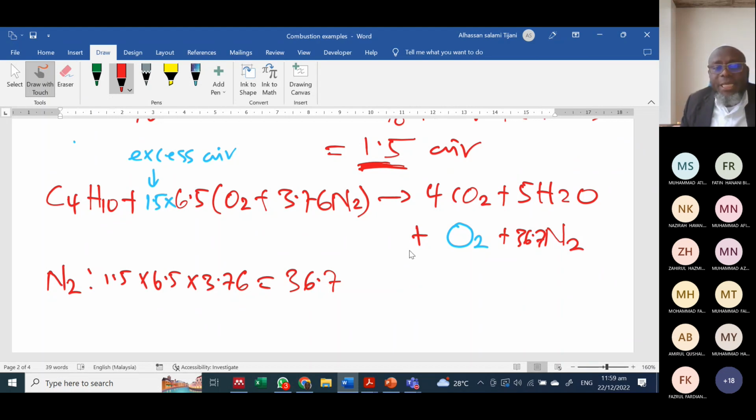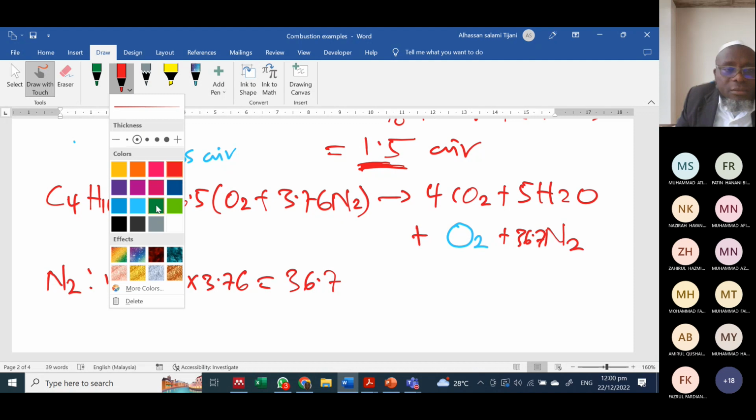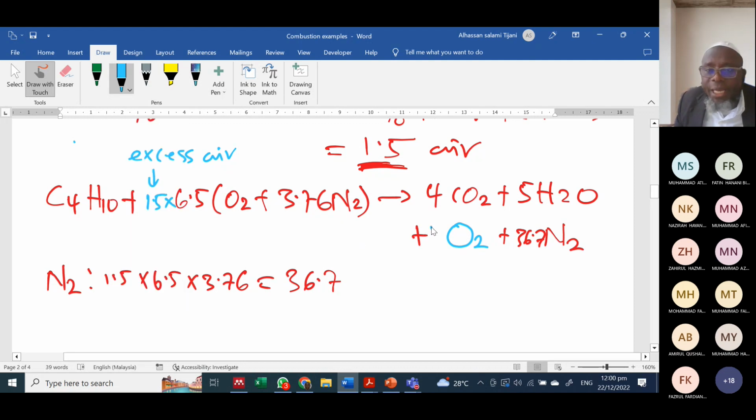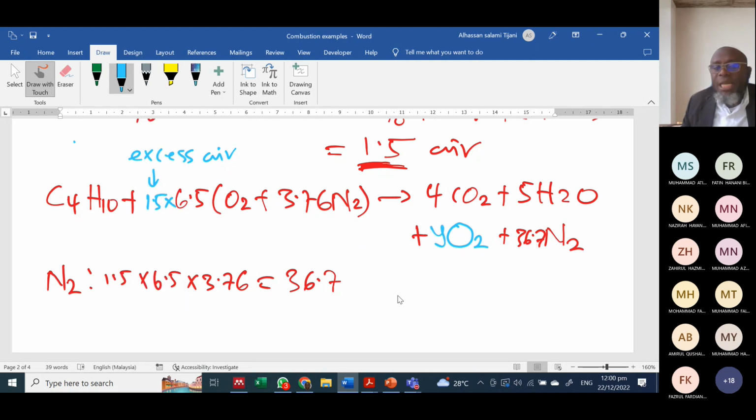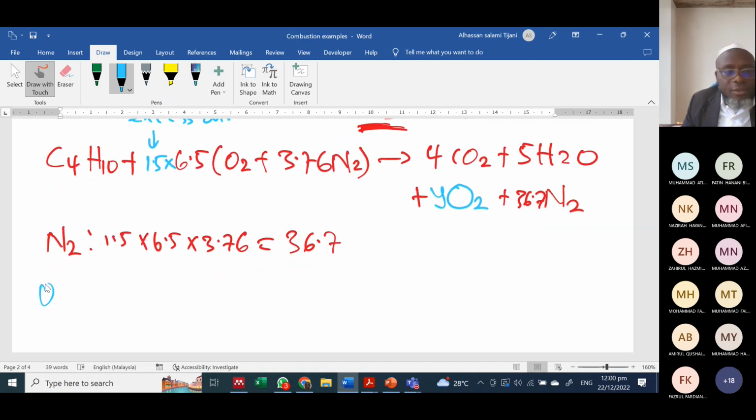Now it is the oxygen that we need to balance, and we'll represent it by Y. Balancing the oxygen, we have at the reactant 1.5 times 6.5 times 2, which equals 2Y.